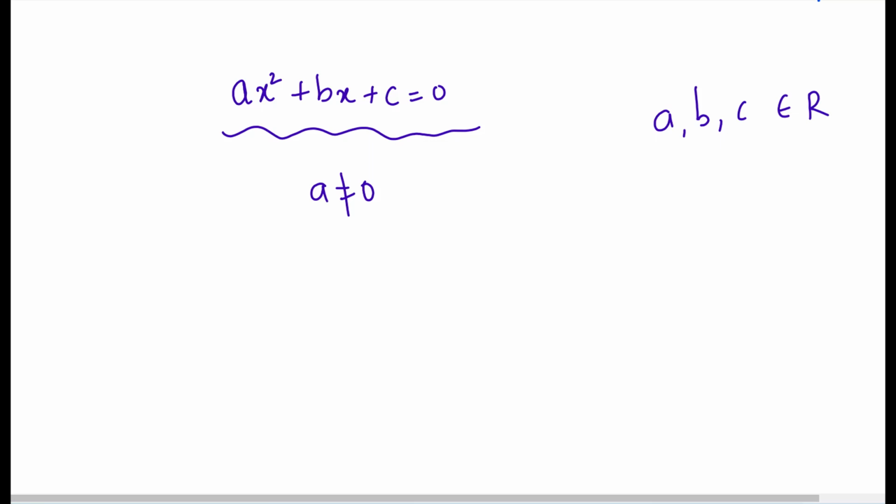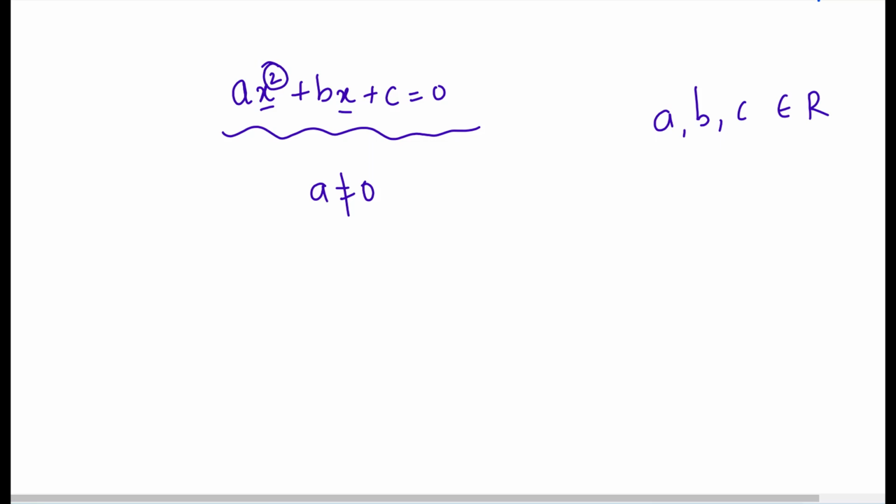What is a quadratic equation? An equation of the form ax square plus bx plus c equals 0 is called a quadratic equation. a, b, c are real numbers, and the condition is a is not equal to 0. And for variable x, what is the highest power?